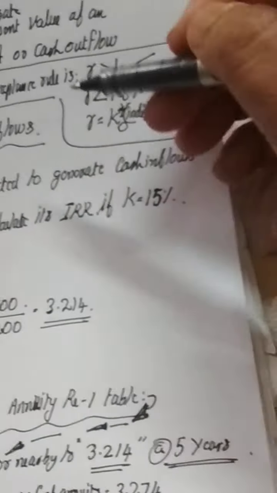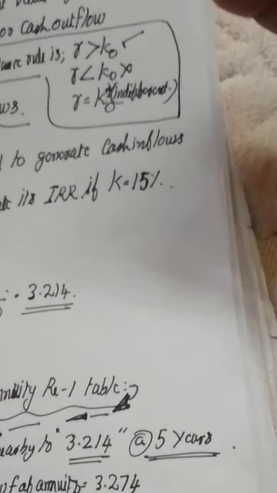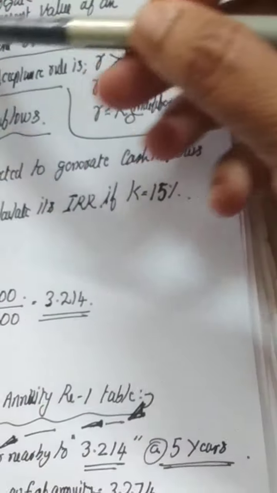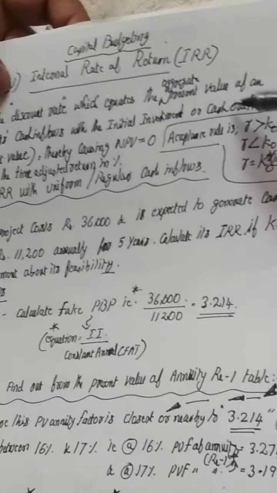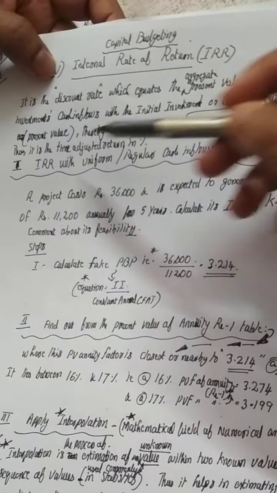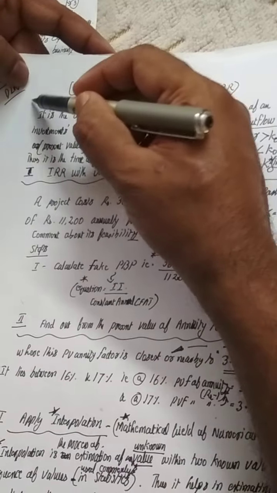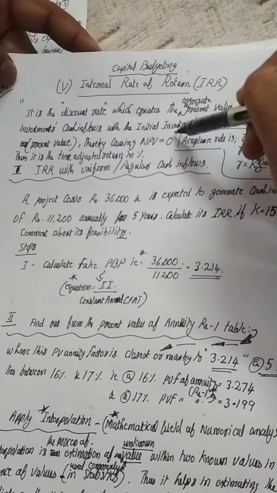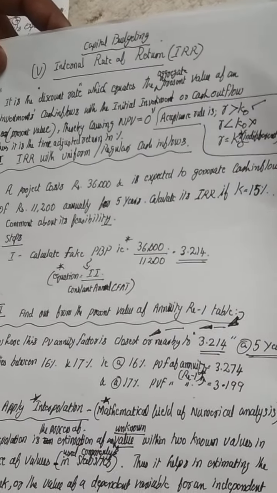So what is this R? R is the internal rate of return. It is the discount rate which equates the aggregate present value of investments, cash inflow, with the initial investments or cash outflow, thereby causing NPV 0. This is technical jargon definition, but you could see this definition when I am sending the scanned copy.